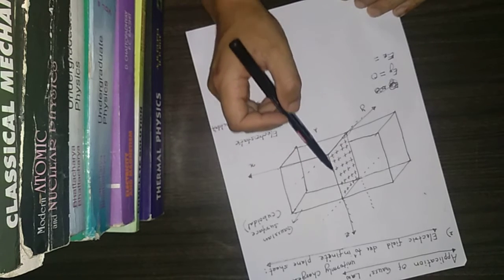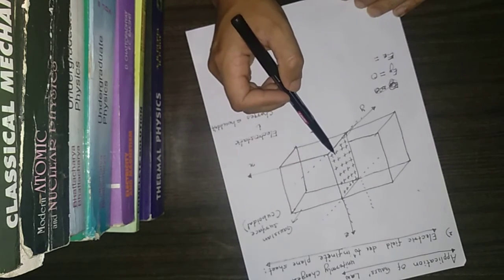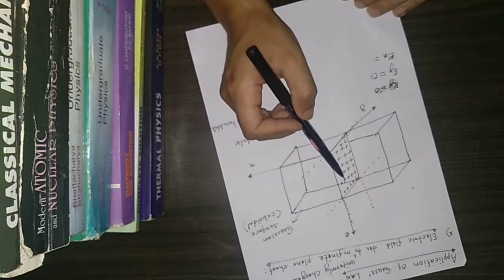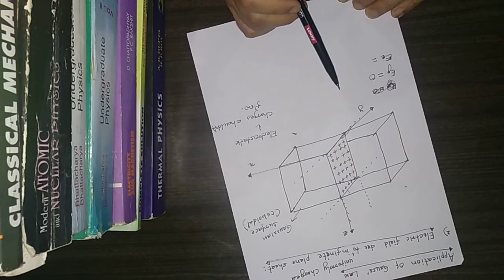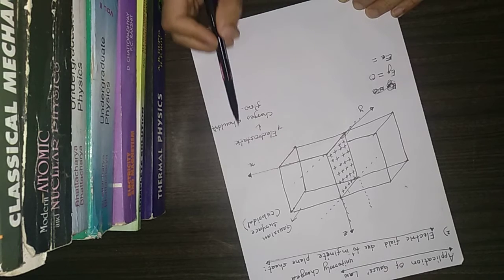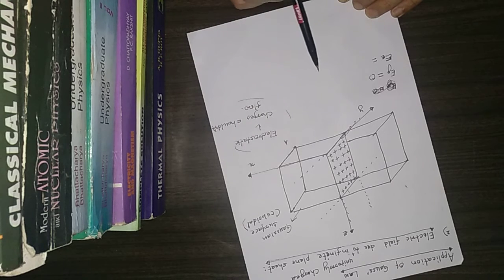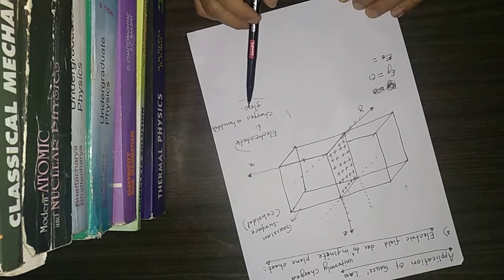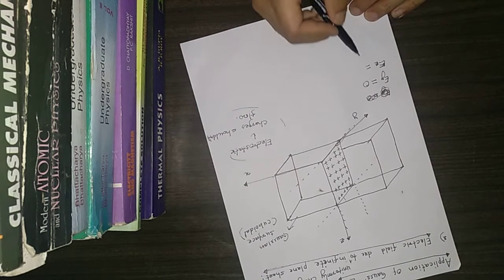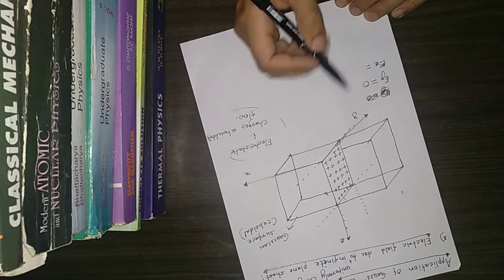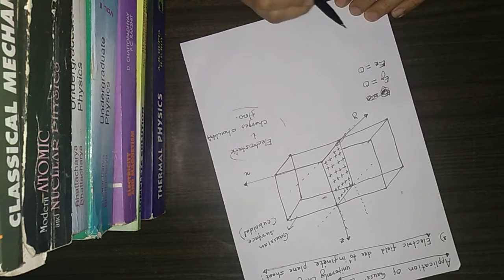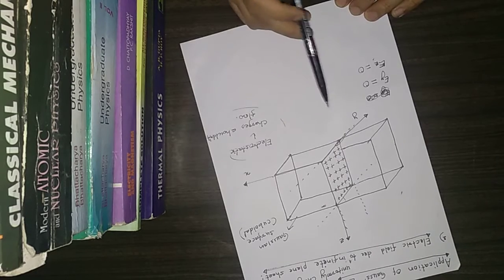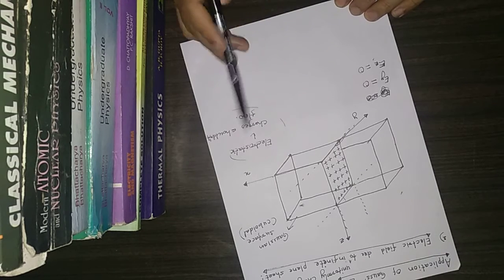This again contradicts our assumption of electrostatics, which means charges shouldn't flow. Hence, in this case also the electric field along the z direction will be zero. If it is not zero, then charges will start to flow, which contradicts our assumption of electrostatics.